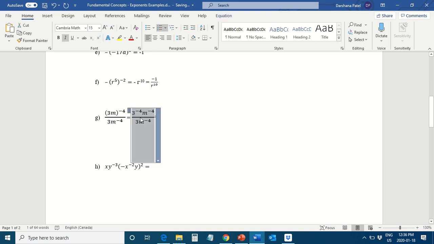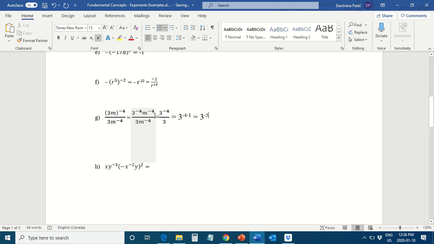3 to the power of negative 4, and in the denominator these two reduce, so they both cancel out basically. We end up getting 3 to the power of negative 4 minus 1. Same base is being divided, we subtract the exponents, so 3 to the power of negative 4 minus 1 will give us 3 to the power of negative 5.